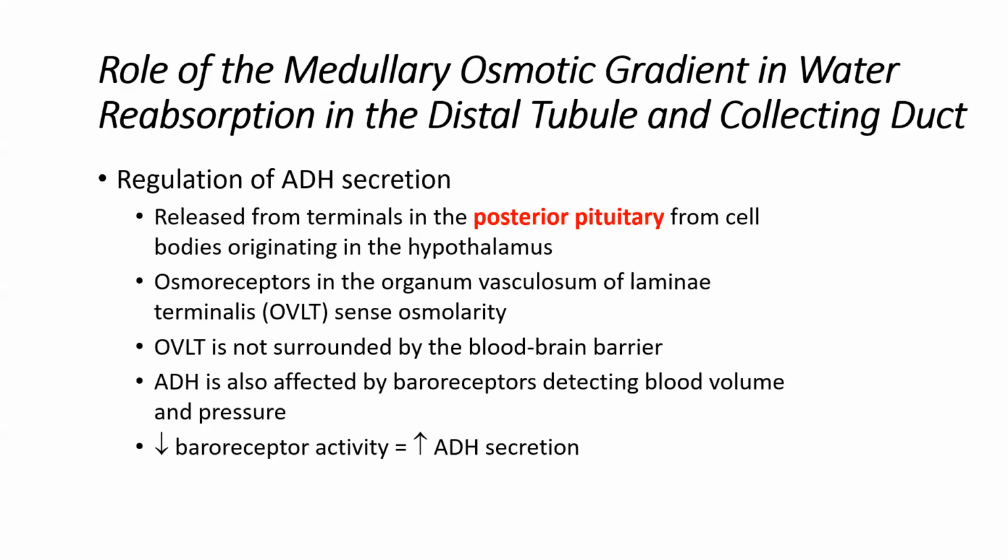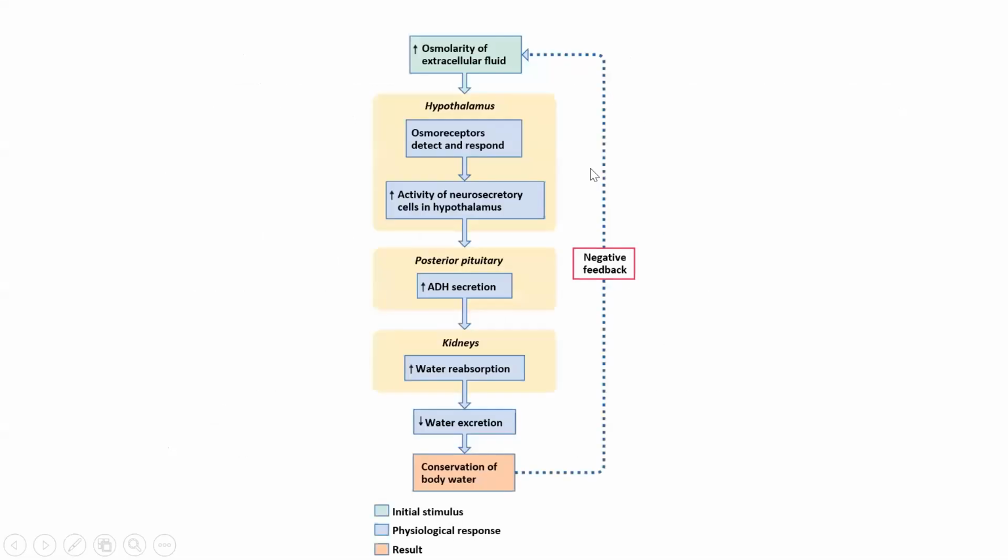That is a signal of inadequate perfusion, inadequate blood pressure. And so we need to reabsorb water in order to maintain our blood volume, and we do so by increasing our ADH secretion. And that ADH secretion, we talked about going to the kidneys, inserting those aquaporin 2, and bringing water back into the plasma.